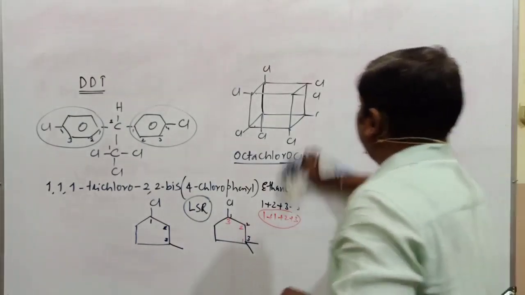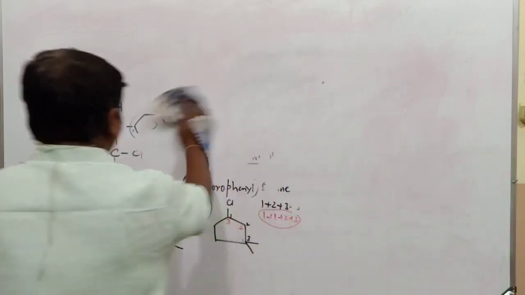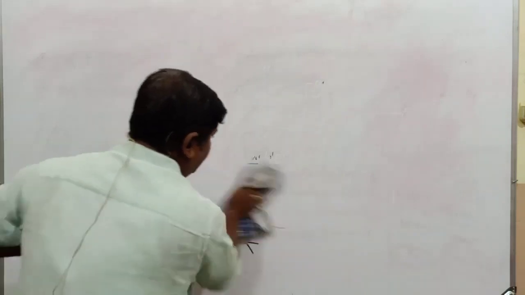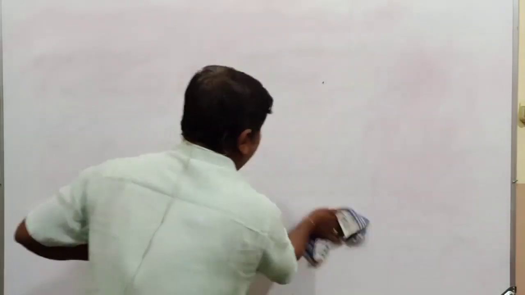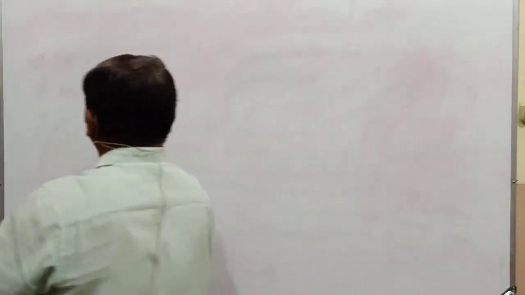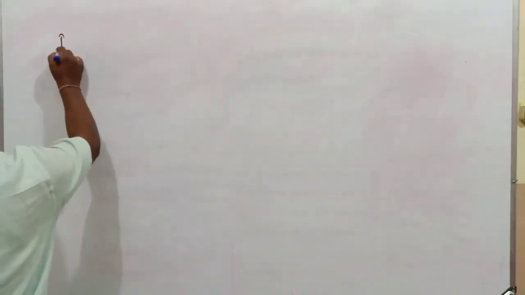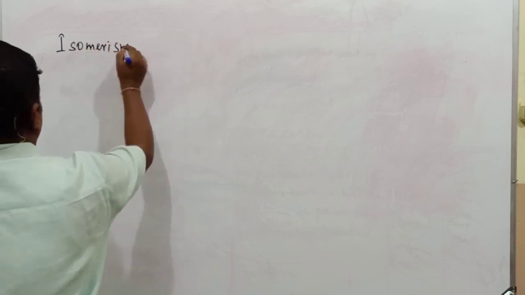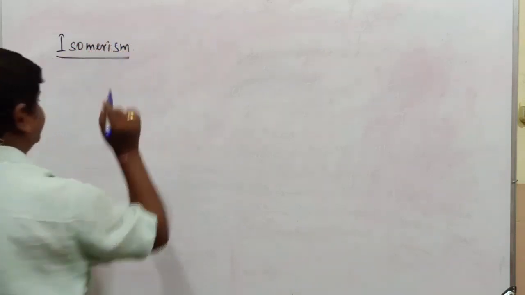After nomenclature of these organic compounds containing halogens, the next thing is isomerism in these compounds. What type of isomerism is exhibited by these halogen derivatives?